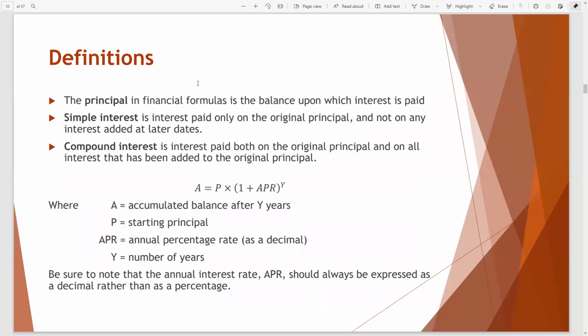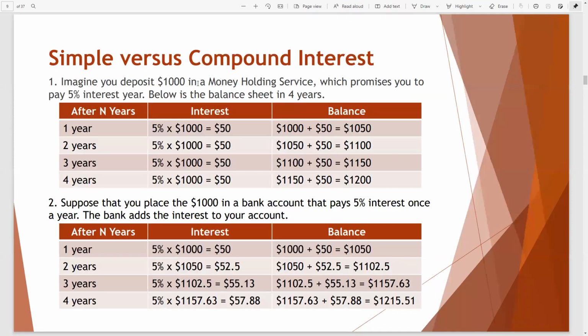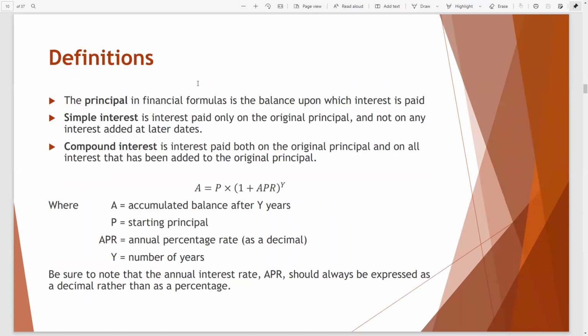So the simple interest formula is easy. We don't have to worry about it. We just have principal times the percent rate times how many times it pays. That's just the simple interest, then added to our principal.